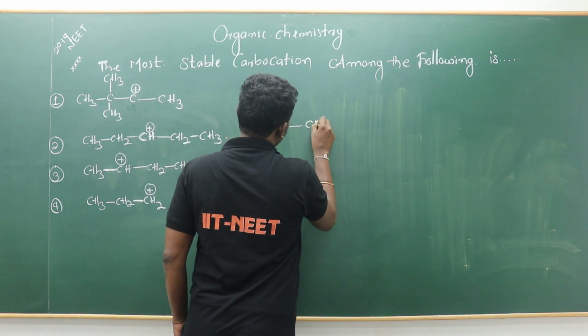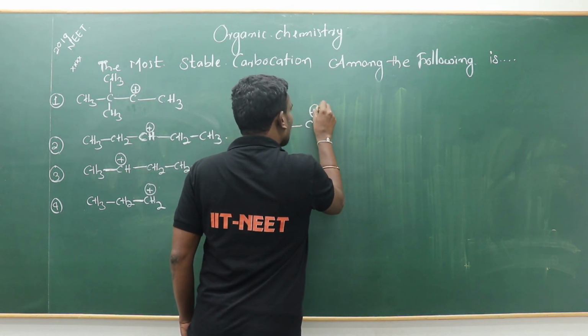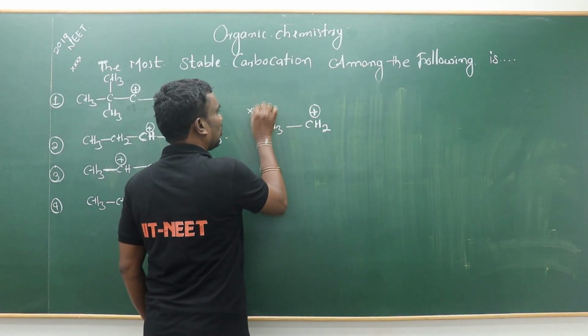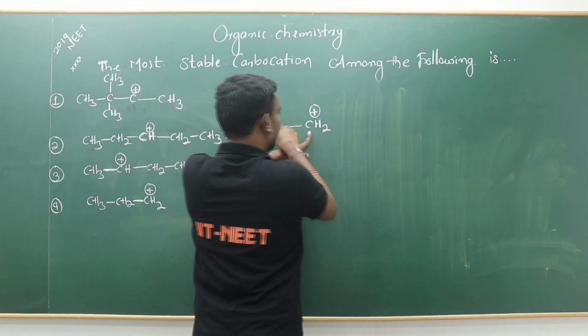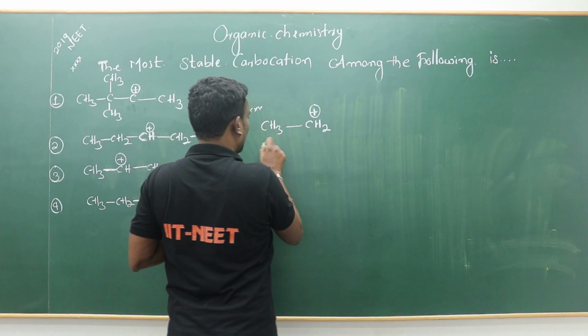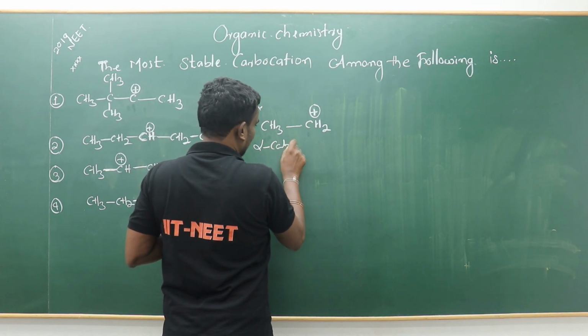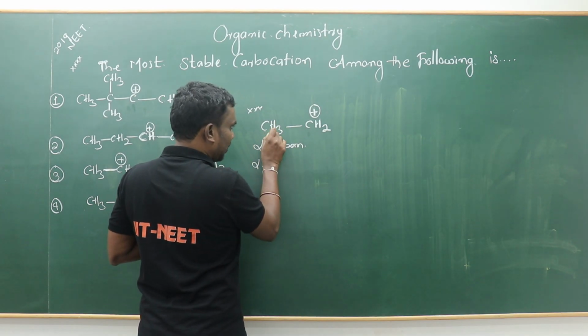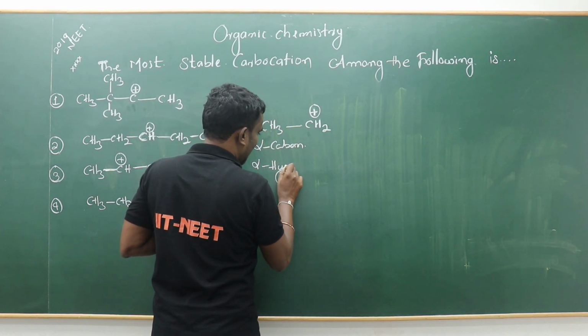This is one carbocation. Example I am taking. See, carbocation beside carbon is what? Alpha carbon. Alpha carbon contains hydrogens. That belongs to what?